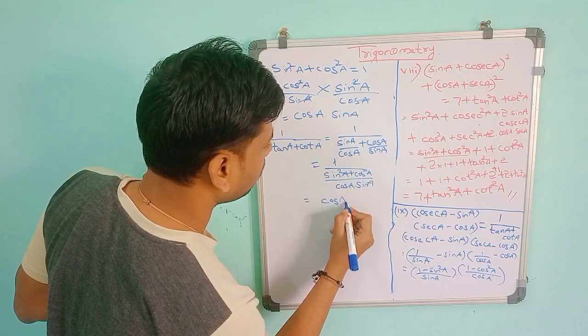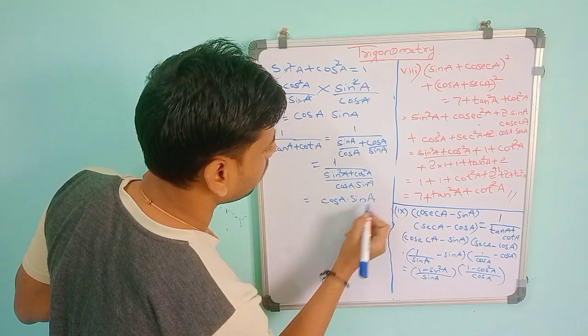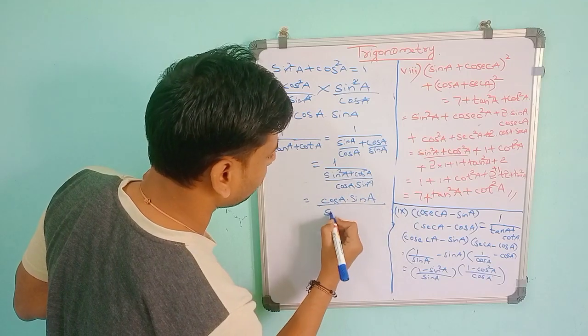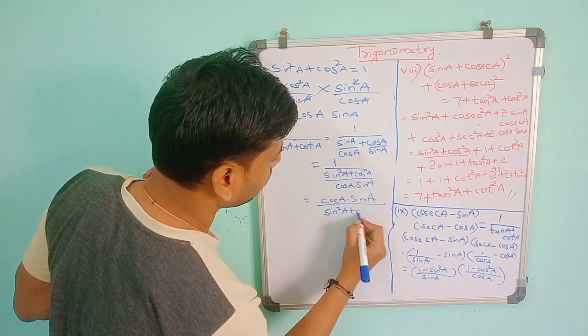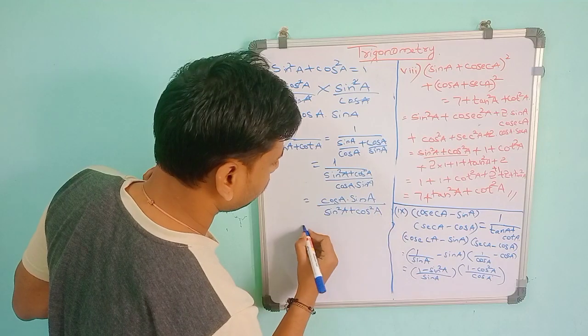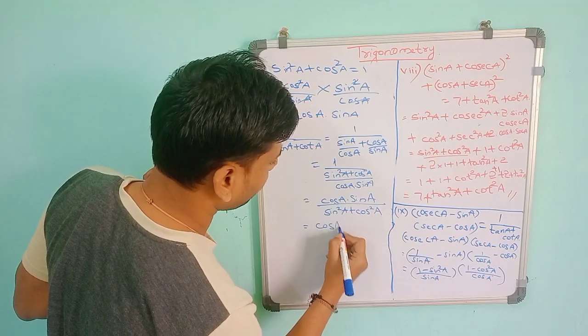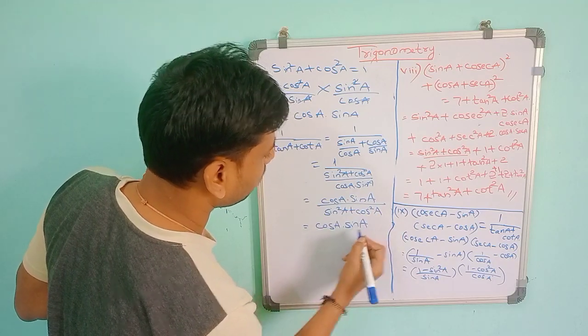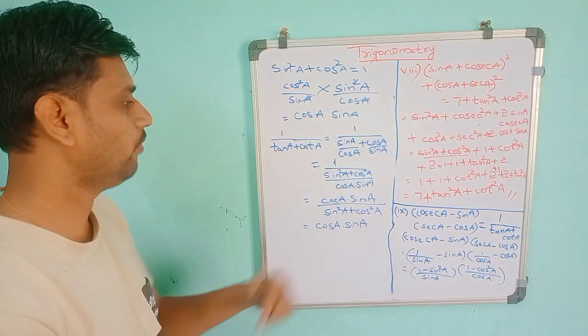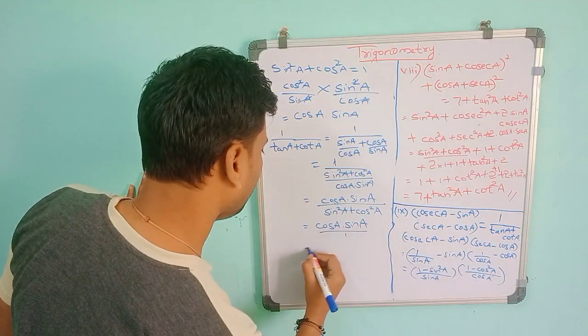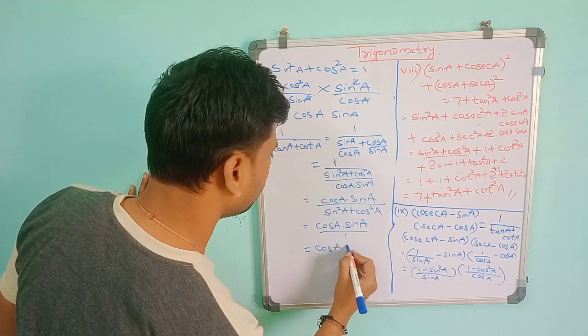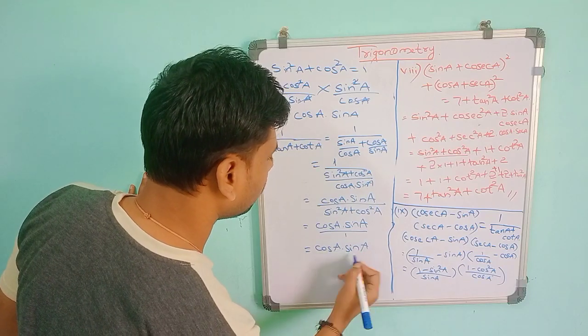So cos A into sin A divided by sin square A plus cos square A. The value of sin square A plus cos square A is 1. So divided by 1, the answer will be cos A into sin A.